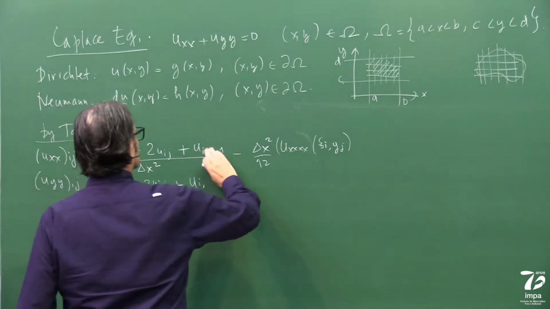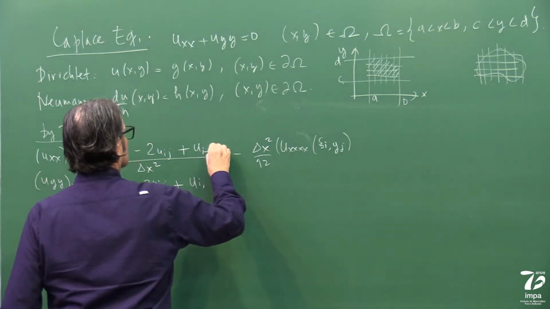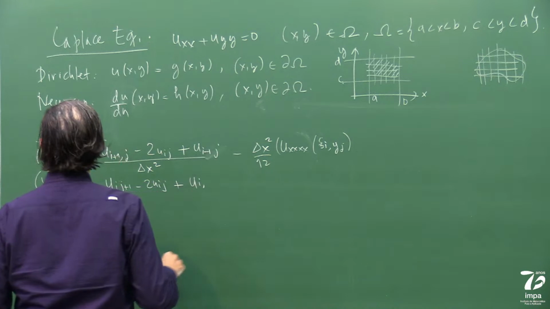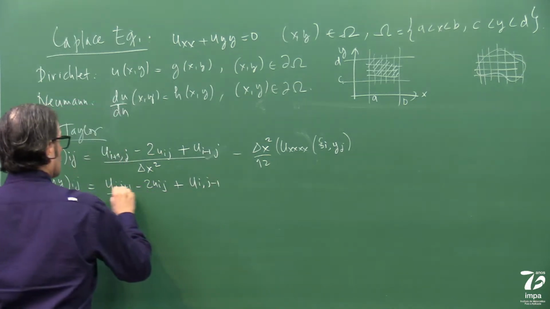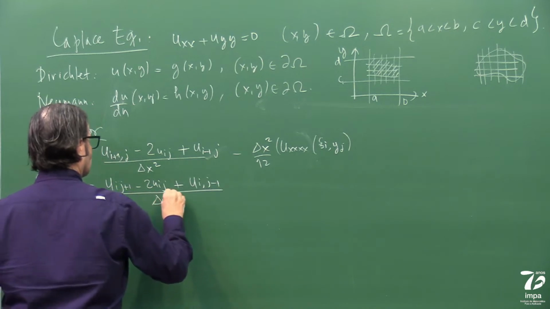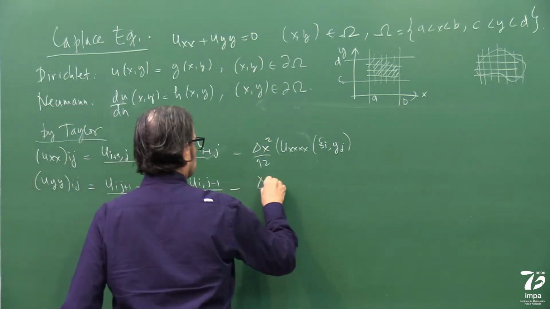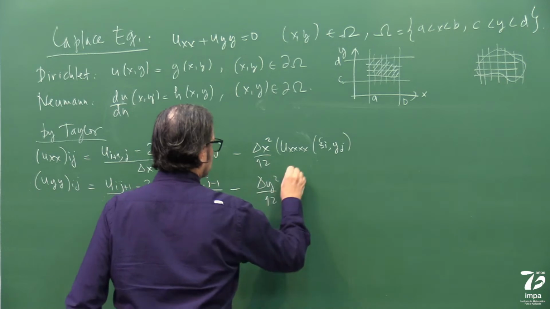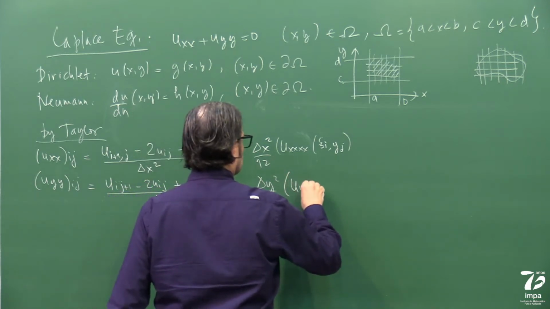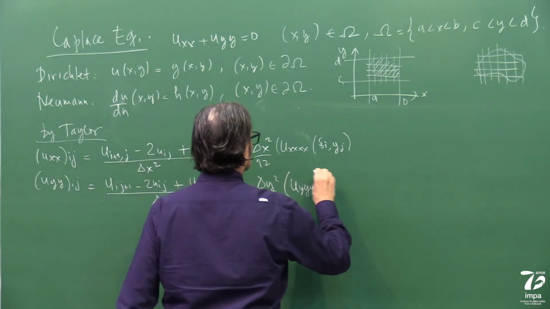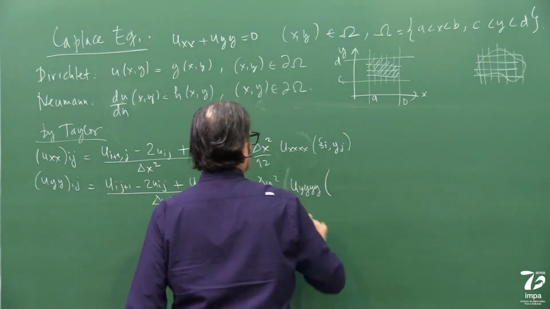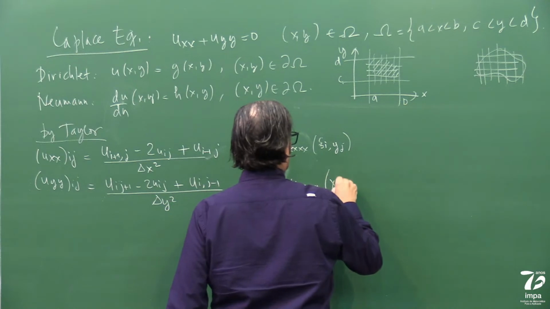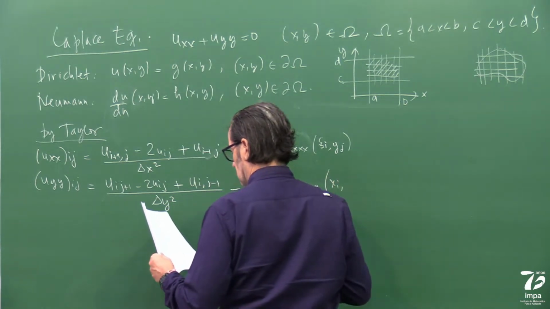here's wrong, wait a minute, it's i minus 1, j, and here it's i, j minus 1. Using eta, yeah.